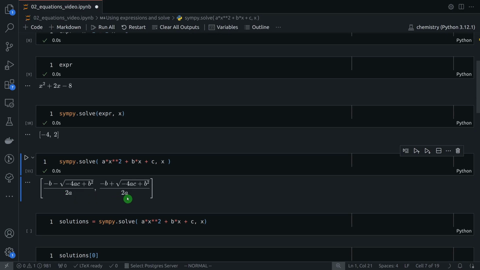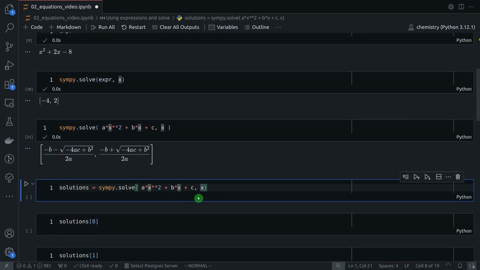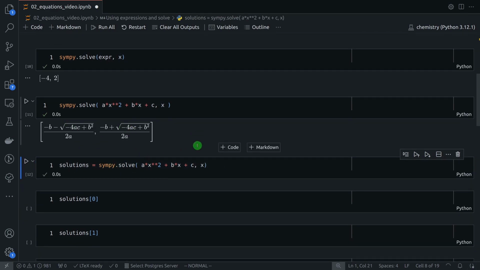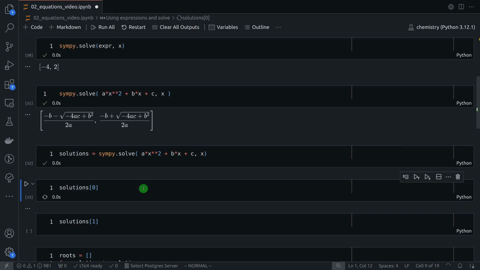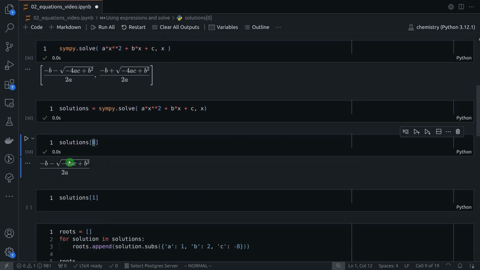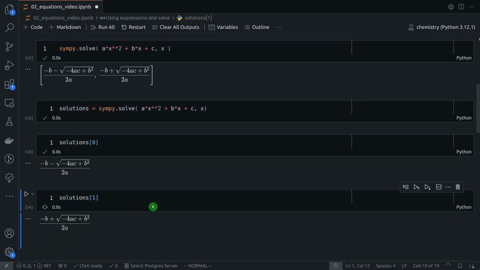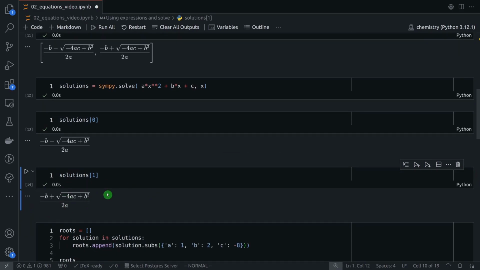And these formulas are the ones that we learn as the quadratic formulas for the roots of a quadratic equation. And as we can see, this is a list. So if I assign a variable to this result, you can take each result as items from a list. So we have here the first solution, and here we have the second solution.